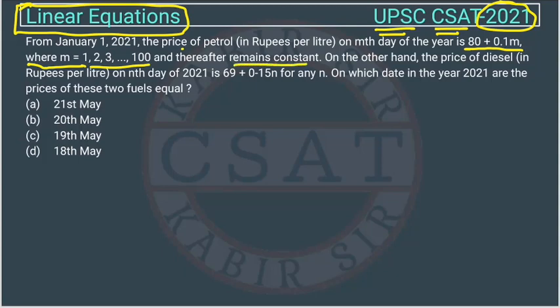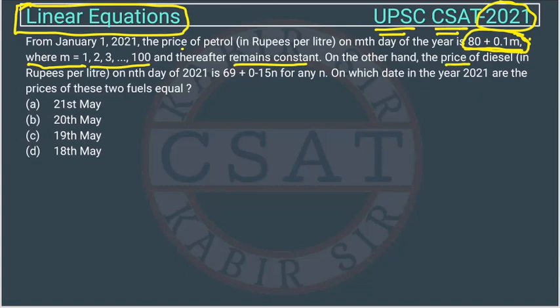M represents the day, the first day, the second day, and the price is determined by this equation. This equation is to determine the price on a particular day. After 100 days, the price becomes constant.